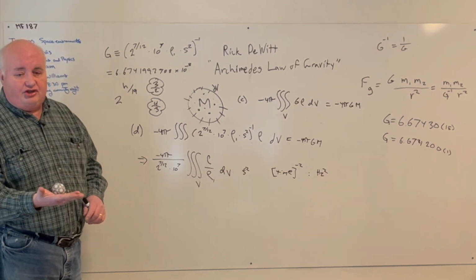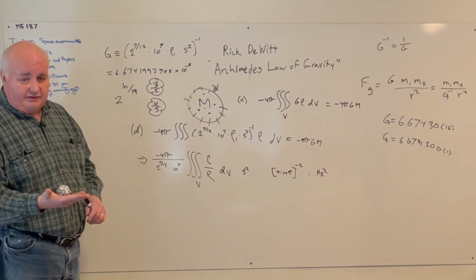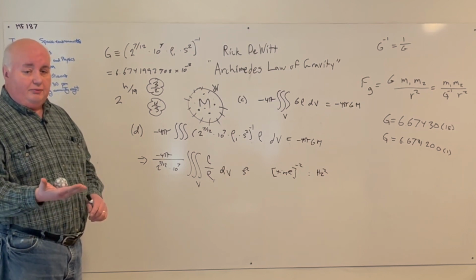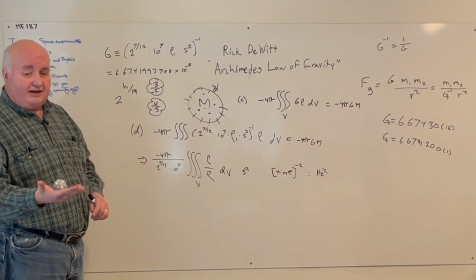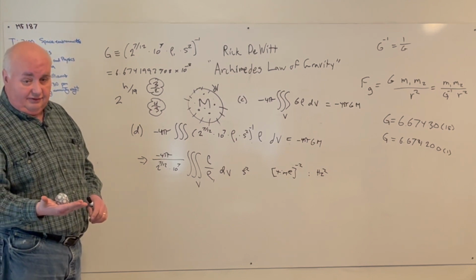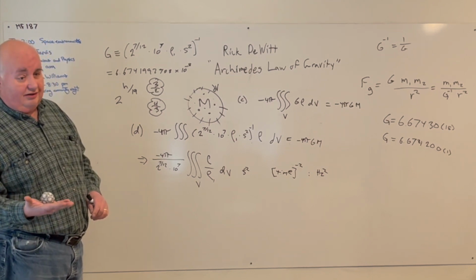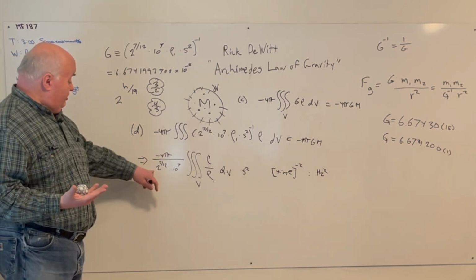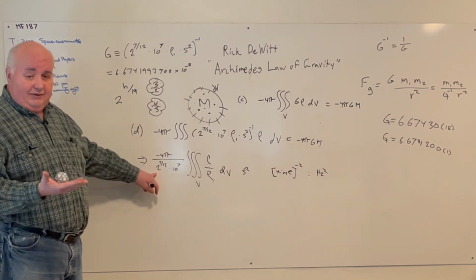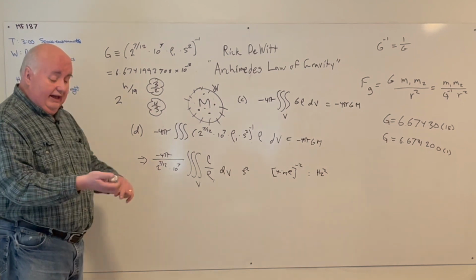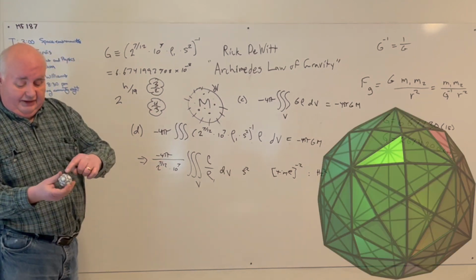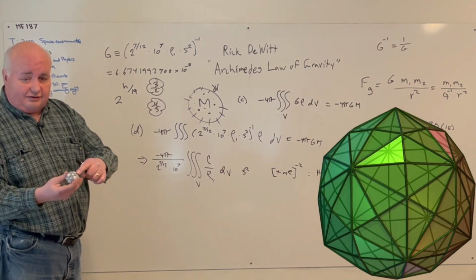So if you had a dodecahedron that has 12 sides, 7 of those sides could be doing one thing, and the other 5 sides could be doing something else. I don't know what those are, but you could take 2 to the 7/12 of them doing one thing, and each of these points here is surrounded by 10 triangles.